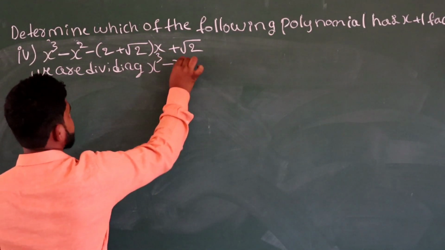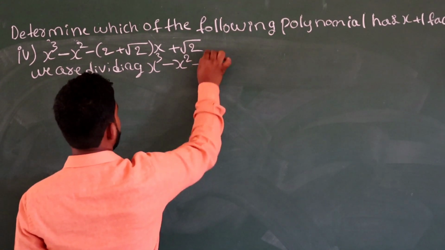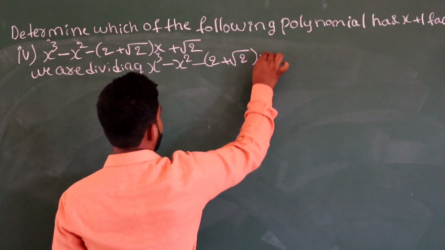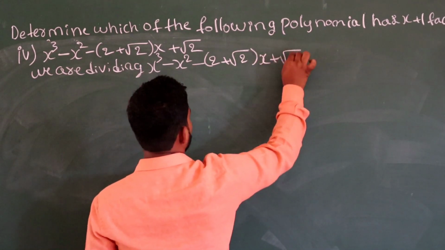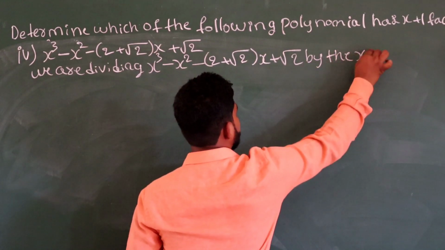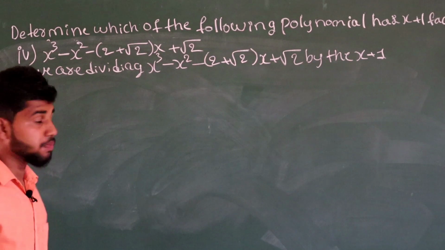Now we are dividing x cube minus x square minus (2 plus root 2) x plus root 2 by x plus 1.